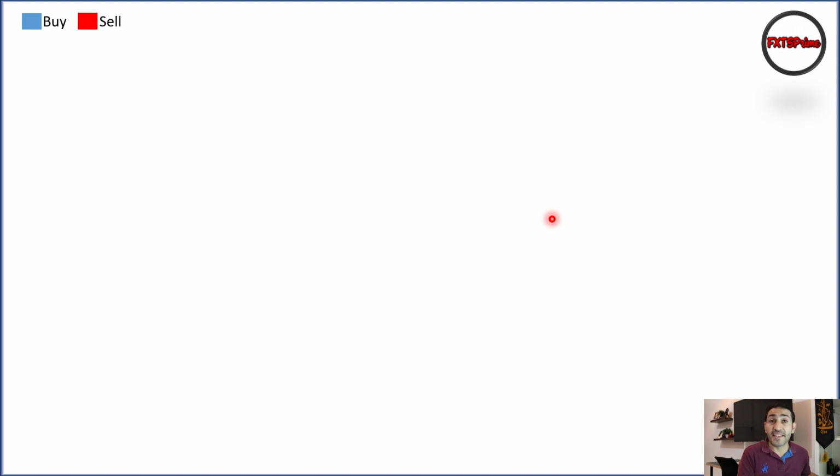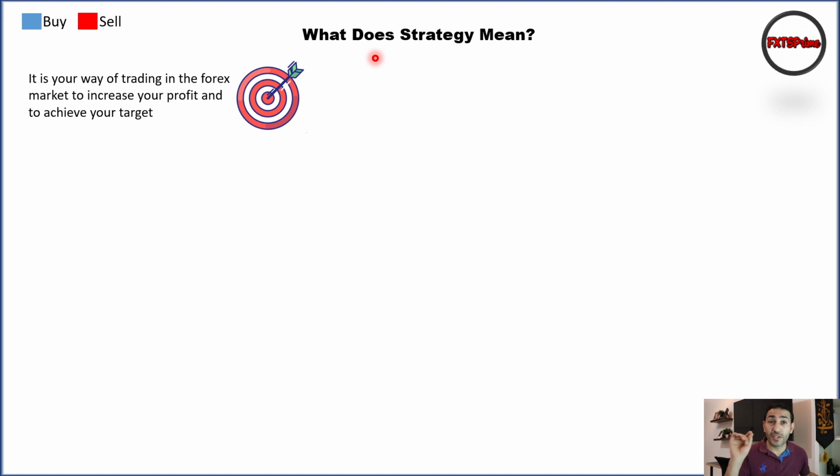So first of all, guys, as usual, if you see a blue candle here, that is a buy candle. If you see a red candle here, that is a sell candle. So the first thing we're going to do is understand what strategy means.